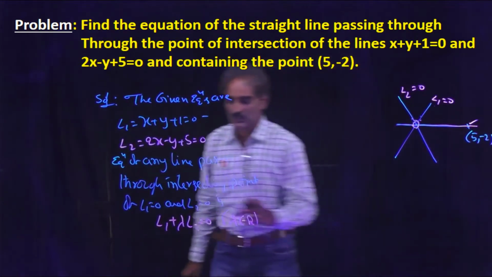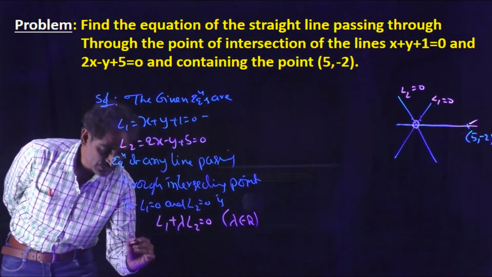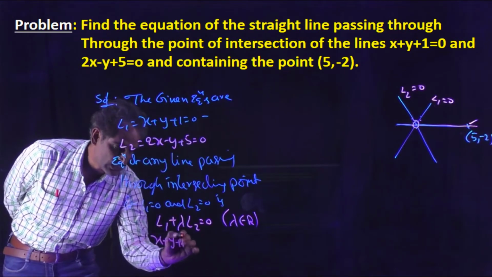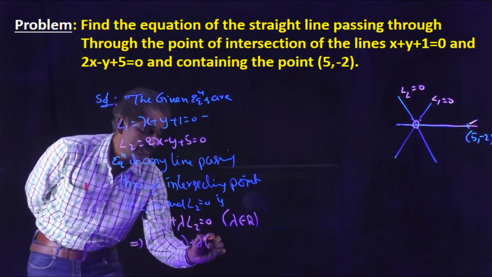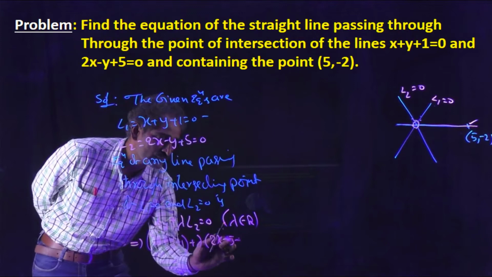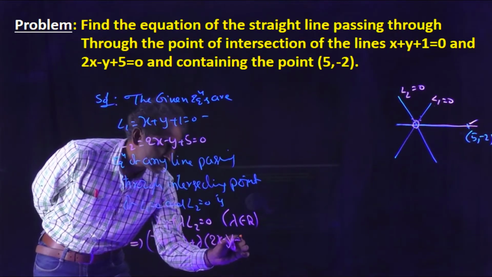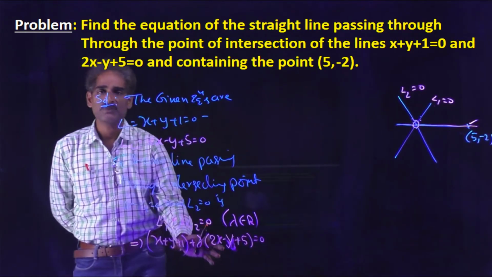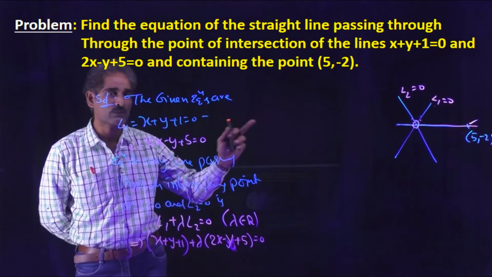Okay, so clearly write down the values of L1 and L2. Now, from this: x plus y plus 1 plus lambda into (2x minus y plus 5) is equal to 0. It represents a family of lines. We have to find a line which is passing through that point.